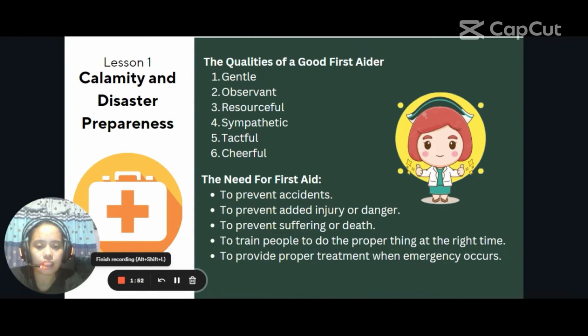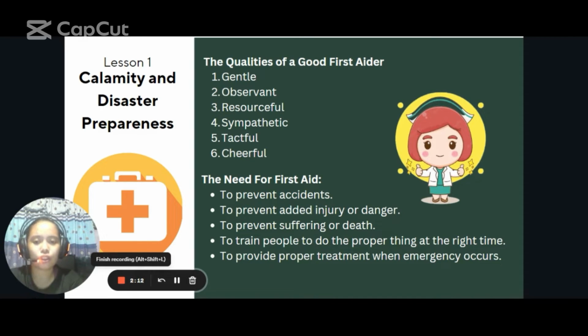Next is sympathetic. He should comfort the victim. So, dapat kanang more comfort ka ni victim. Number five is tactful. You should not alarm the patient as it may cause a nervous breakdown. Dapat think positive ra jud ta o dili dapat pahalata ni patient kung okay ra ba siya or dili na siya okay.